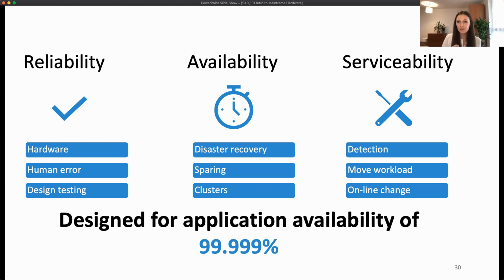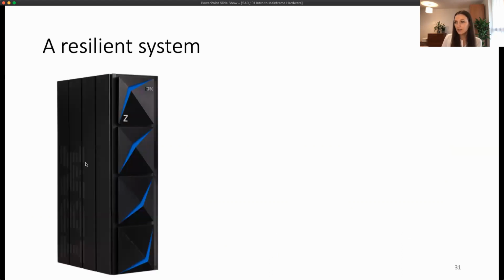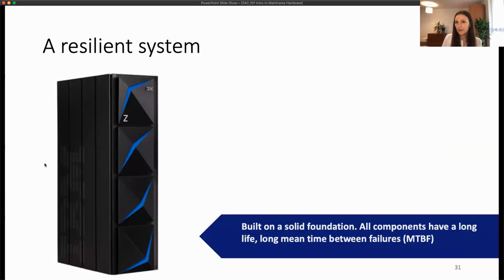And since this is really a key concept in the design of a mainframe, there's a lot of focus on that. And I want to go into a bit more detail how the hardware is really supporting this concept of RAS. So every component within a mainframe has a decade-long mean time between failures.